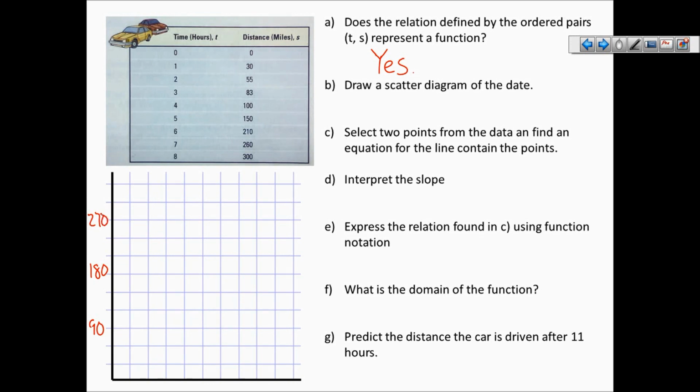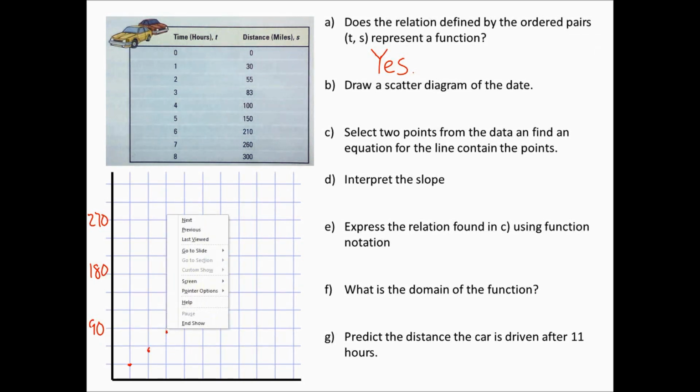So we'll mark the point 1, comma 30. We'll then mark the point 2, comma 55, right about there, a little bit shy of 60. 3, 83.